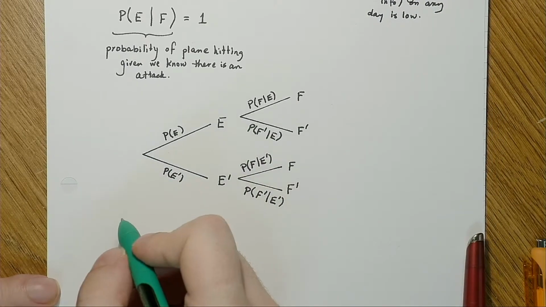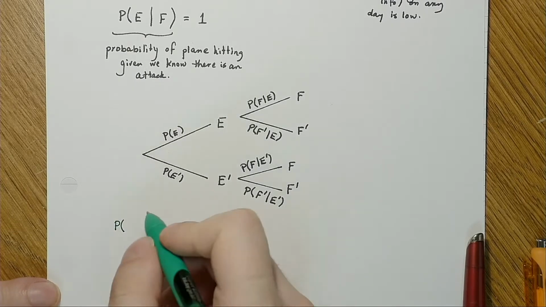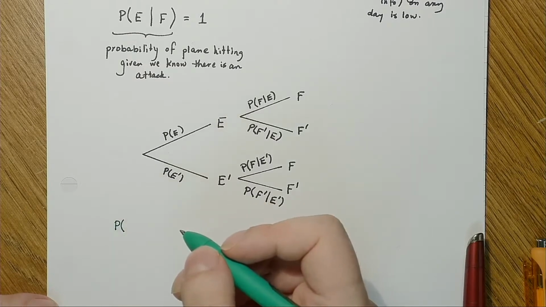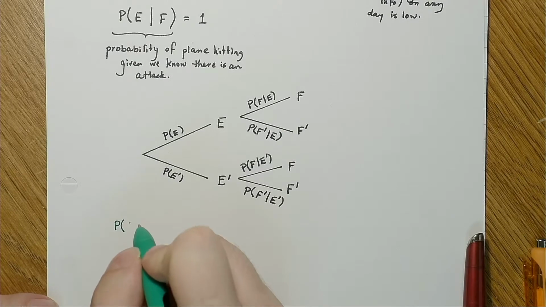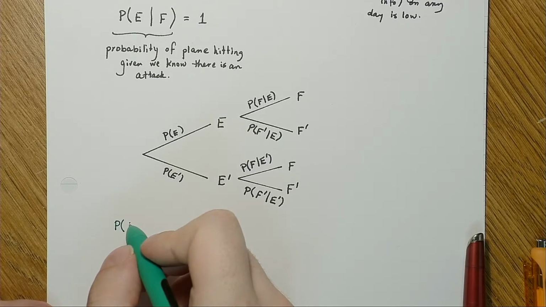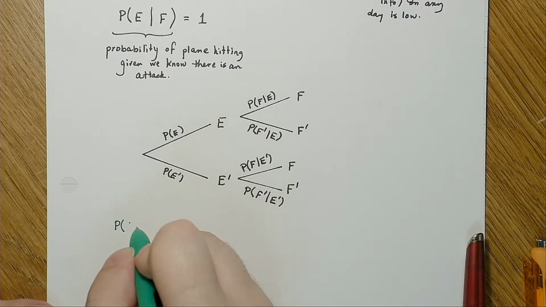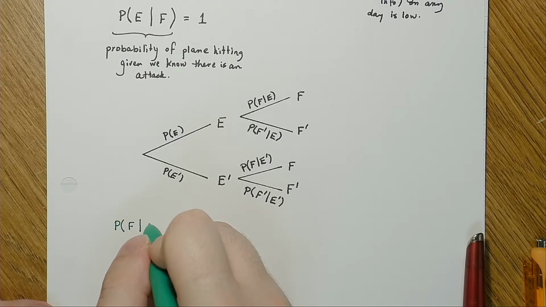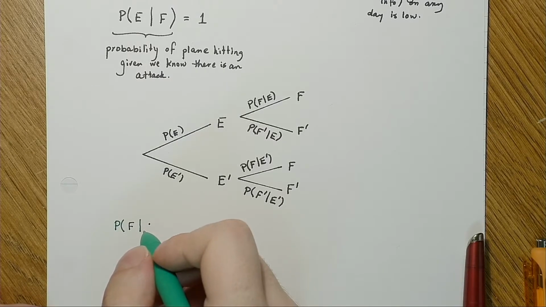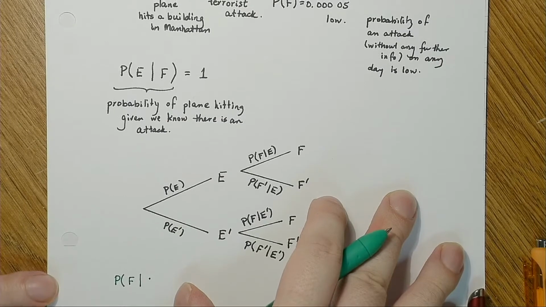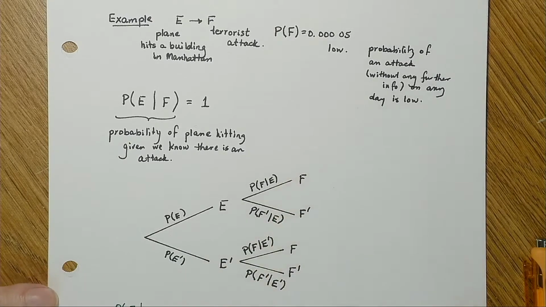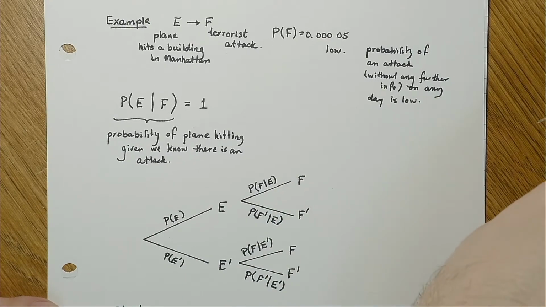And so basically our question then is we want to know what is the probability of, yeah, I know the lag is really quite bad today.